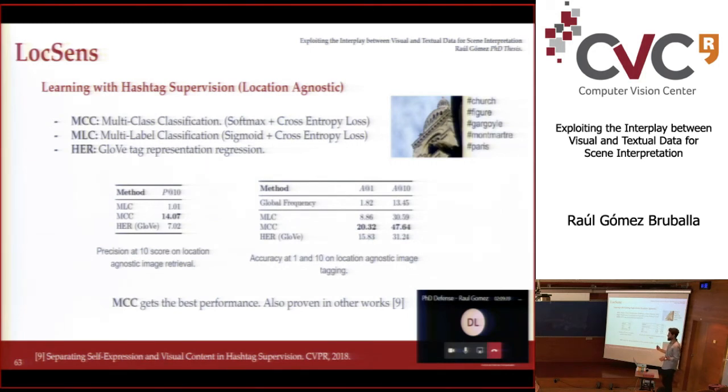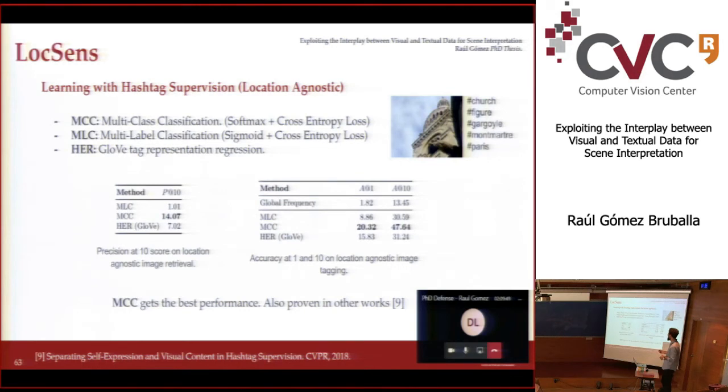So this is the first step of our method. We are going to learn visual representations using the hashtags as supervision, right? And we are going to benchmark three different baselines to do that. The first one is multi-class classification, where we use a softmax activation and a cross-entropy loss. For the softmax activation, at each training iteration, we are going to select one random tag of the image, in case it contains more than one, which is typical, as the positive one.